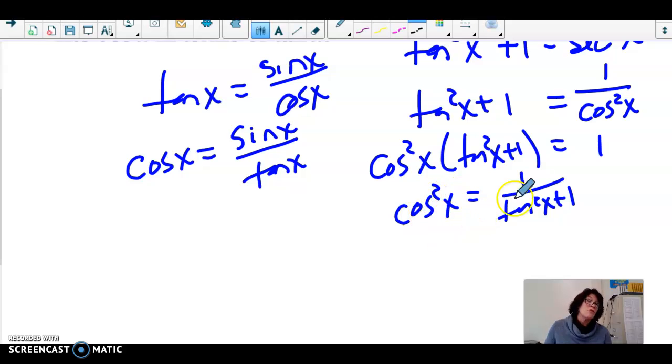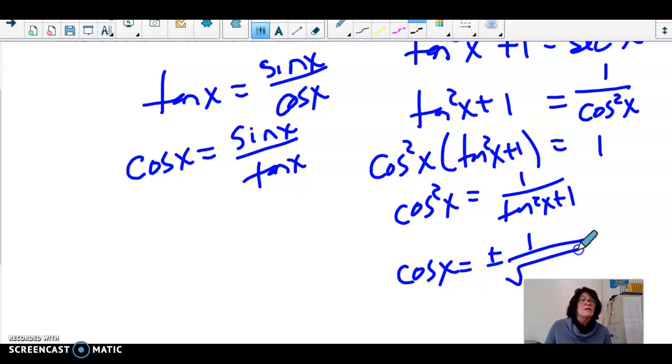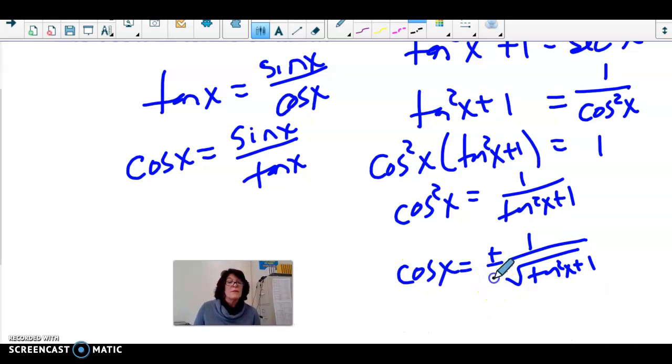I wrote cosine squared in terms of tangent, but I want to write just cosine. So I'm going to say that the cosine of x is plus or minus 1 over the square root of tangent squared x plus 1. I've rewritten cosine in terms of tangent. It's not pretty, but you tell me the tangent, I'll tell you the cosine.